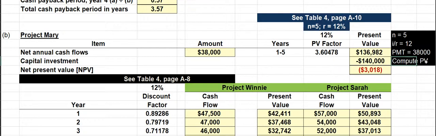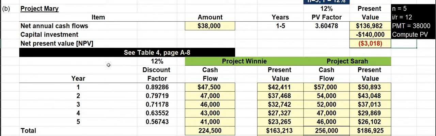Again, consult your user manual for your calculator, or follow Appendix A in your textbook to see how the specific requirements for your calculator would be utilized. So again, based on the tables, we would get a negative net present value of $3,018.